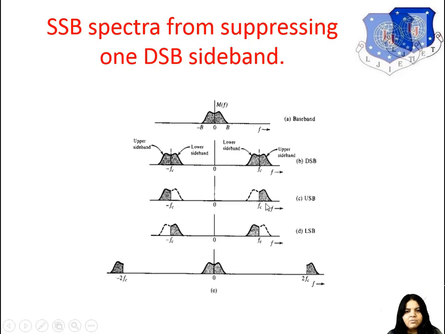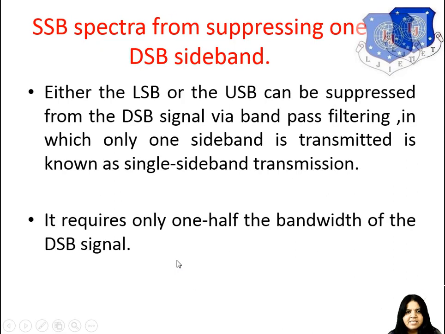Now here, what we need to do is multiply by cos ωct, and then we can shift the spectrum. So here also the spectrum can be shifted. Over here again you can see that the other part can be shifted, and we have one component on both sides.